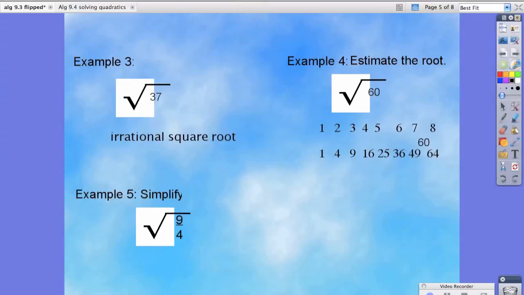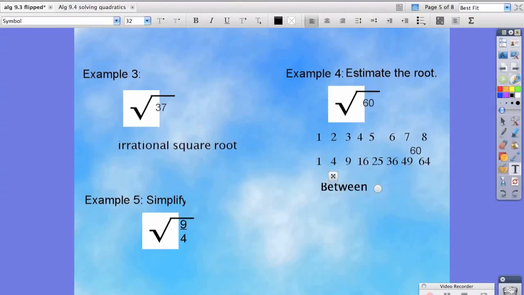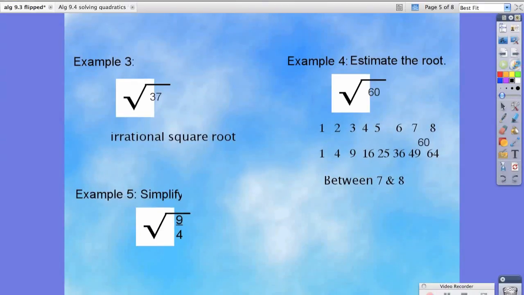Therefore, we could say that our root is between 7 and 8. Just like if we took the square root of 64, it'd be 8, and if we took the square root of 49, it'd be 7. Therefore, the square root of 60 should be somewhere in between 7 and 8.